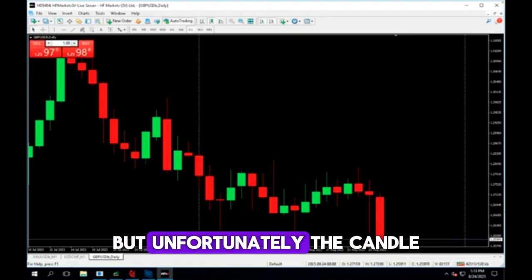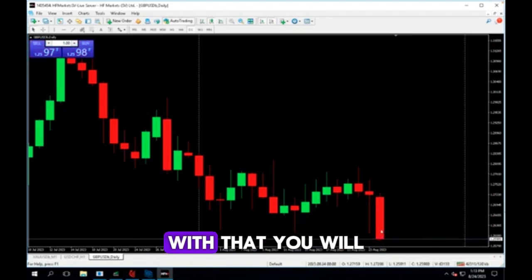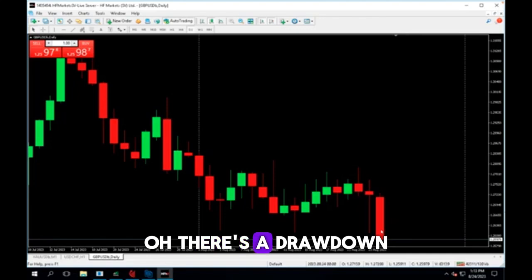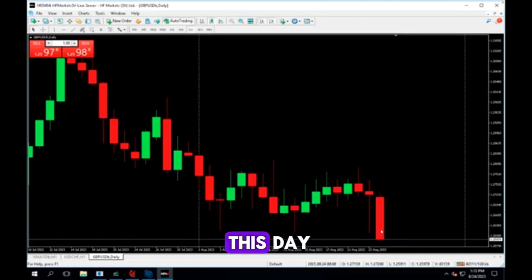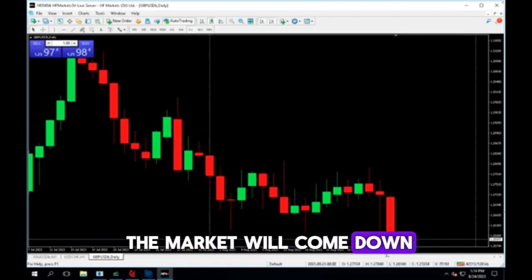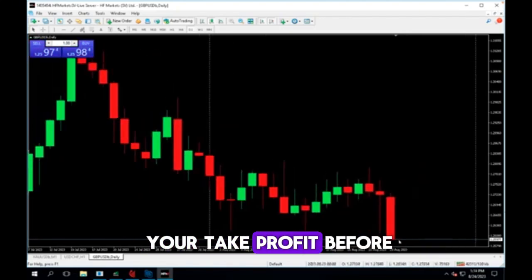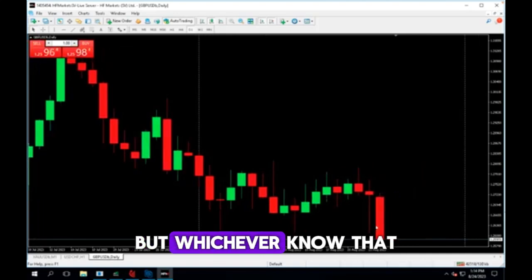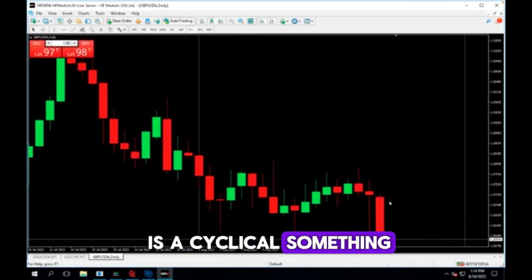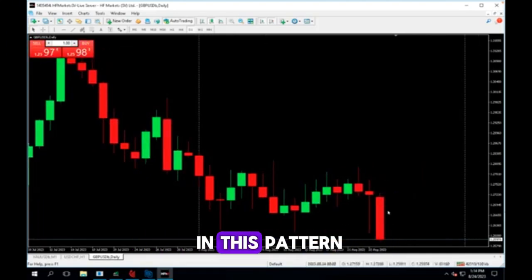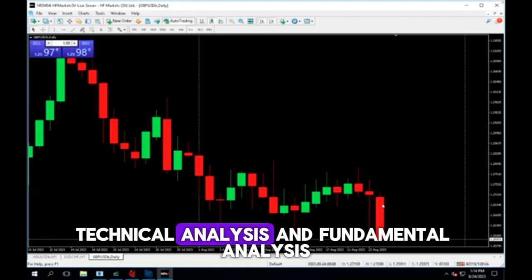But unfortunately, the candle closed up. With that, you will see there's a drawdown to this level on this day. Now, the next day, you could be fortunate that the price of the market will come down and hit your take profit before going up again. But whichever, know that it's cyclic. It continues to move in this pattern. And it is moved by various things, technical analysis and fundamental analysis.